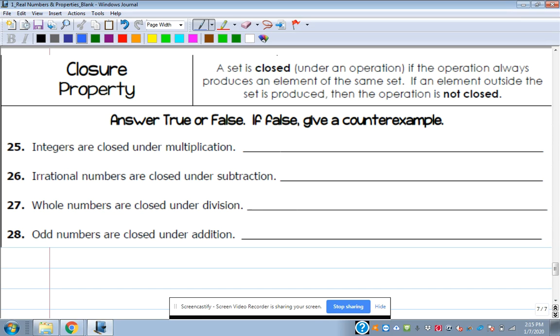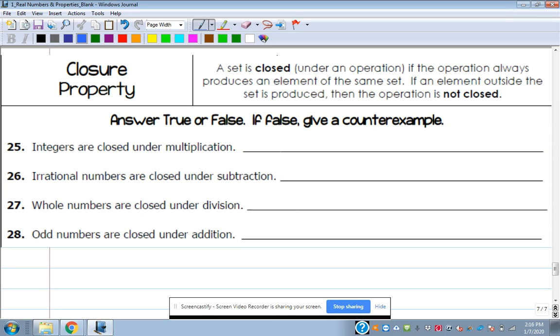Let's say we start with the integers. Whatever I pick for my problems, I'm only going to pick integers. If an operation is closed over the integers, then I'll only ever get integers back. I can't get anything else back. So let's look at these examples. Example is really the best way.